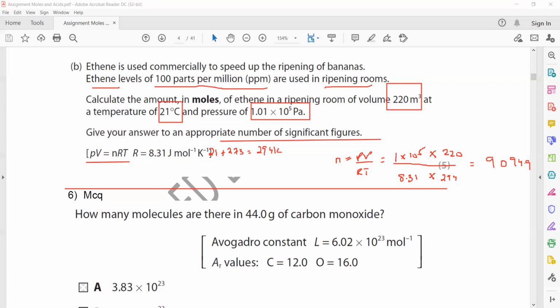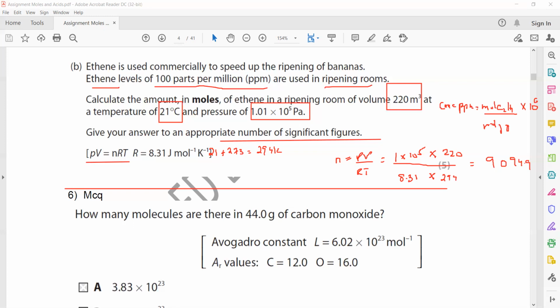But to get the number of the particles of ethene, the concentration in ppm is equal to moles of ethene, which is C2H4, divided by moles of the gas, which is used, into 1 million. So we need the moles of ethene.